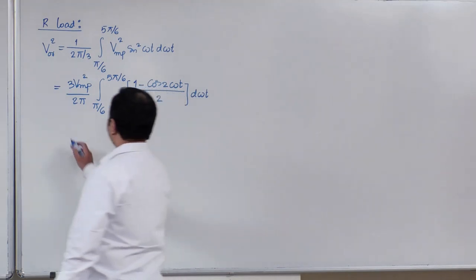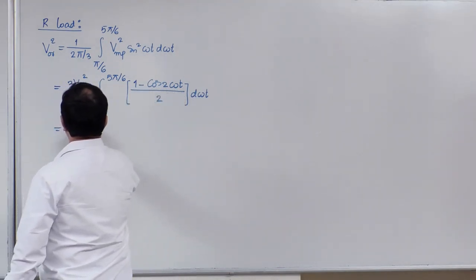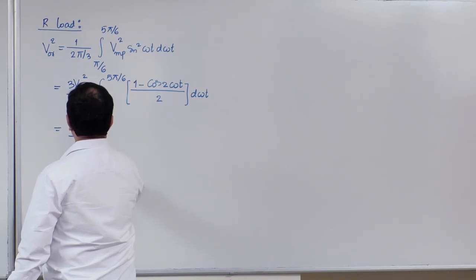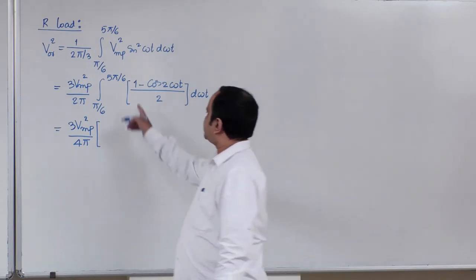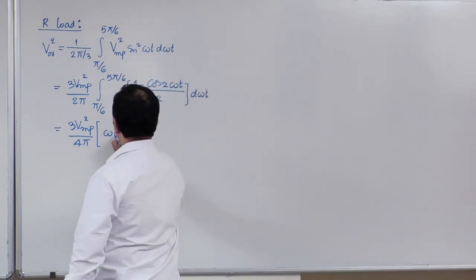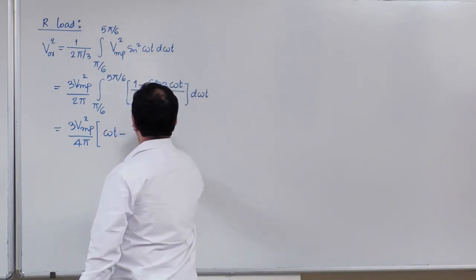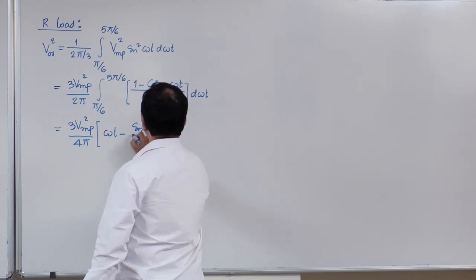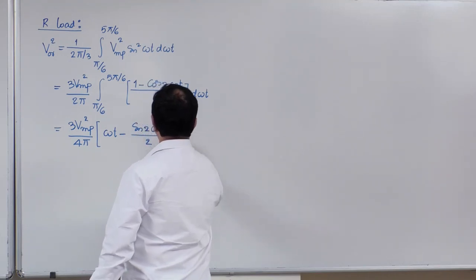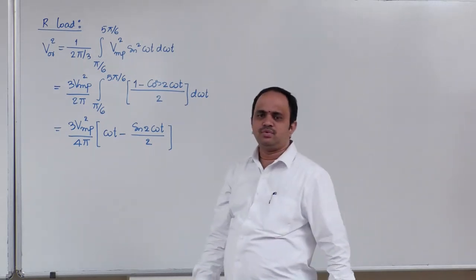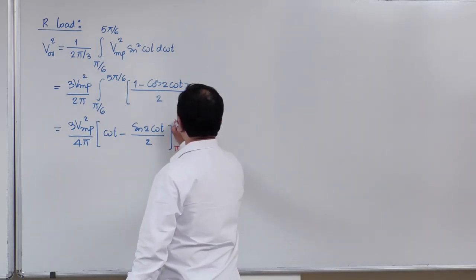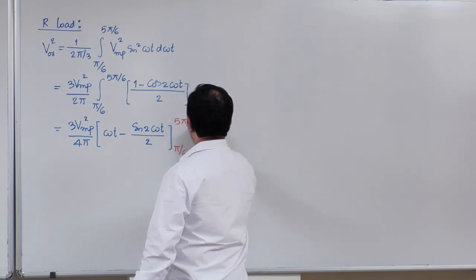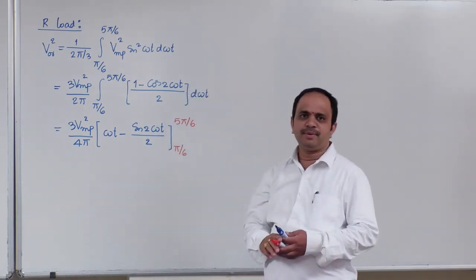Okay. Next 3 Vmp square divided by 4 pi, integration for 1 is omega t minus, integration of cos 2 omega t is sin 2 omega t divided by 2, limits pi by 6 to 5 pi by 6.